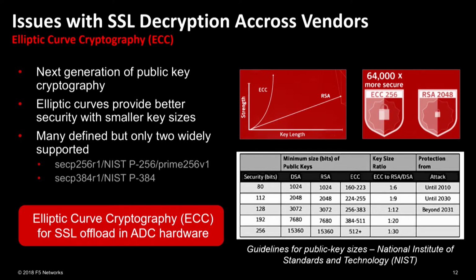Because most of the vendors which are trying to decrypt SSL traffic do not support ECC in hardware. So it means that if they decrypt ECC SSL traffic, all the crypto operations will be done in software. So you can imagine, if I have, let's say, 100,000 SSL sessions using ECC, sooner or later they will die.